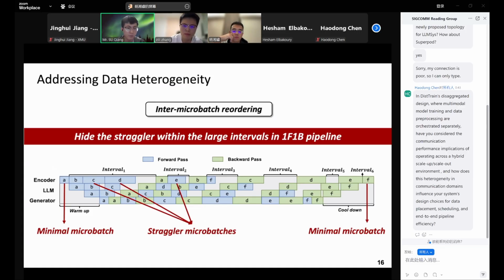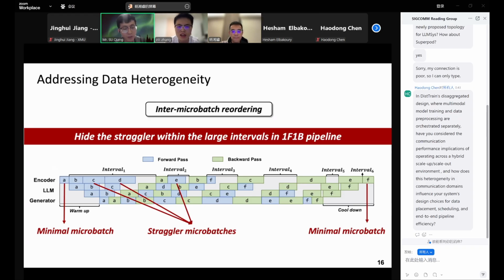Does DistTrain consider some fault tolerance cases in its setting? Fault tolerance, for example, if there is some GPU failure. There are many papers about fault tolerance. In production, we just leverage checkpointing, the basic fault tolerance method.